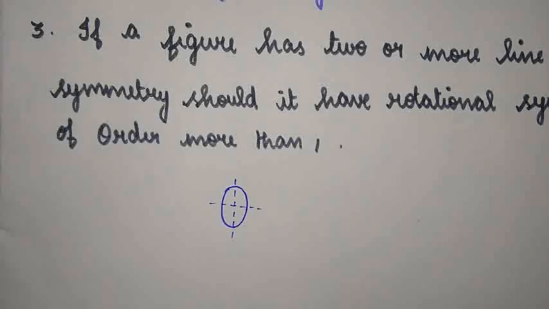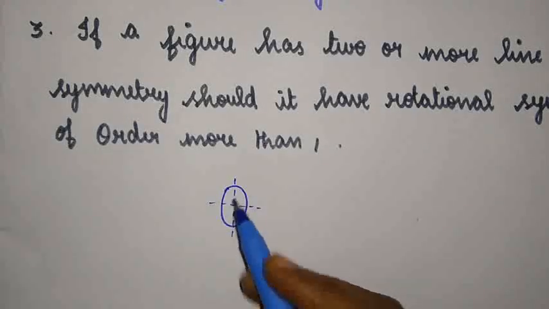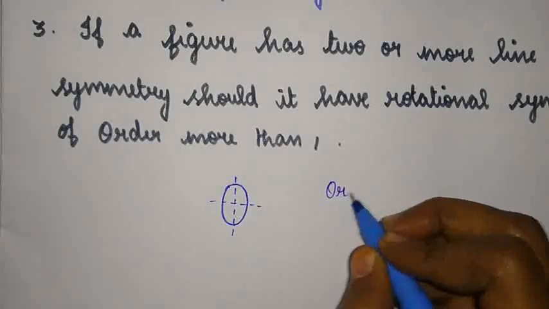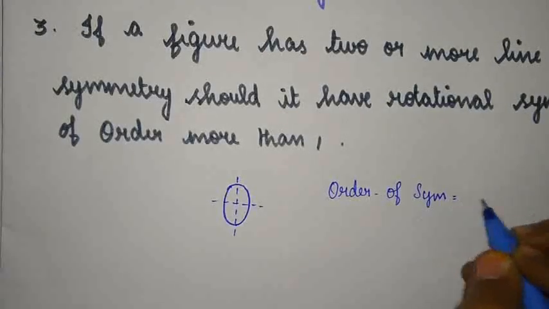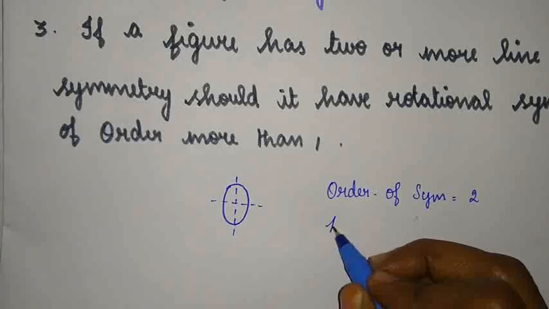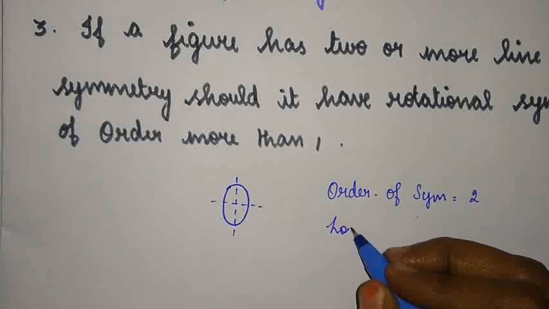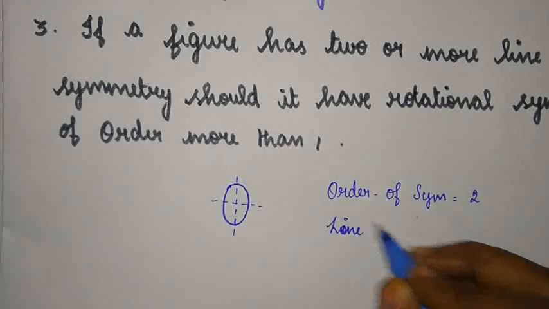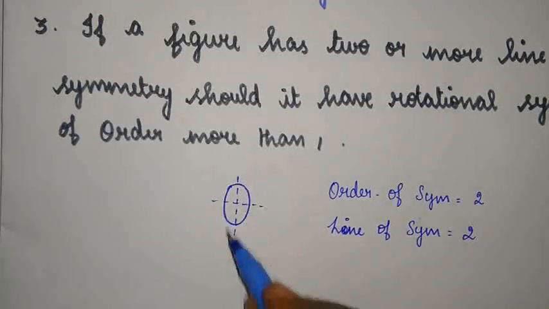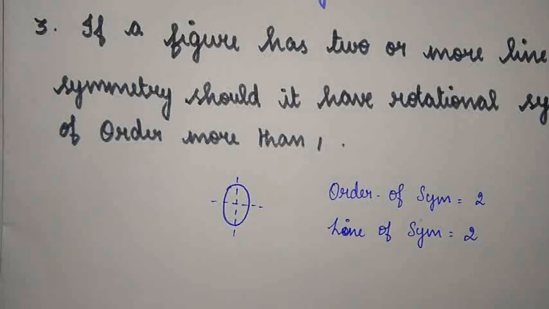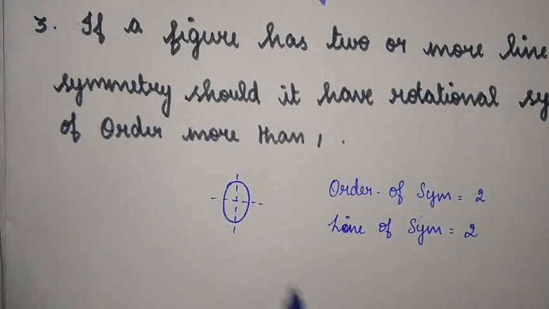What is the order of symmetry? Here the order of symmetry is 2. So how many lines of symmetry does it have? Lines of symmetry also 2. So the given statement is true.